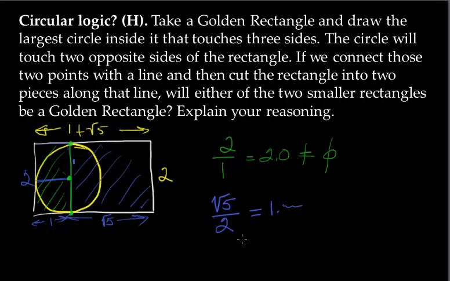But because the square root of 5 is a little bigger than 2, it will not be phi. You'll see it's not going to be 1.618. So you do that and make sure that you get 1 point something that is not equal to phi. Neither of them are golden.